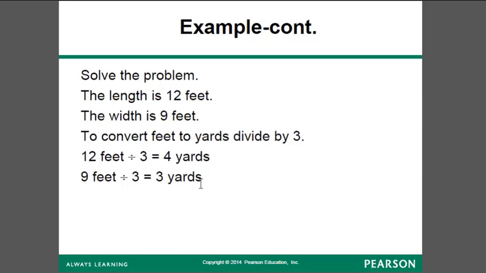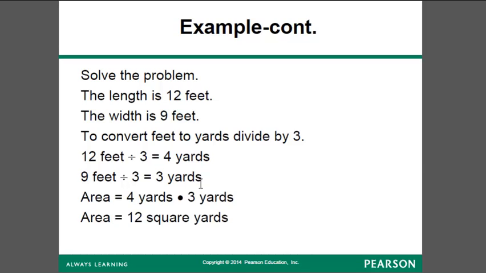So now then, I can find the area, and the area will be 4 yards by 3 yards, which will give me 12 yards squared. So that answers question A. I need 12 square yards of tile.